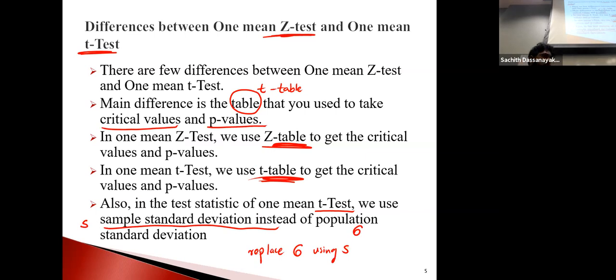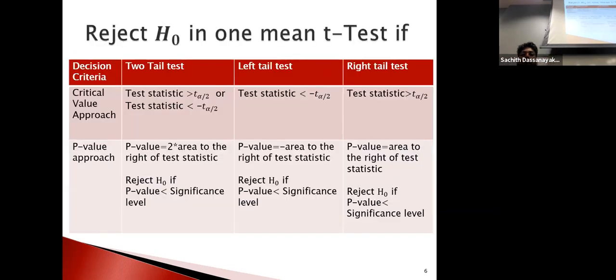That's the difference. Okay. So these are the rejection decision criteria. Reject H naught in one mean T test. Since you know the process, I have just summarized what we need to know in this T test.